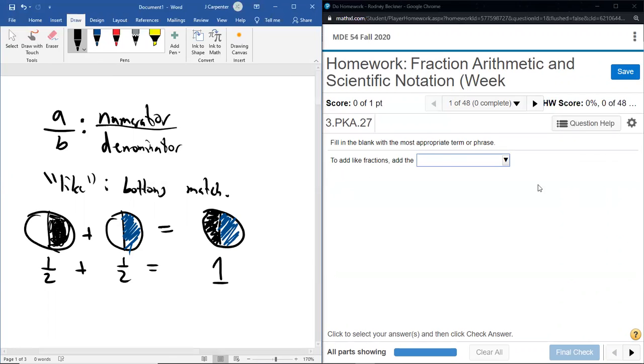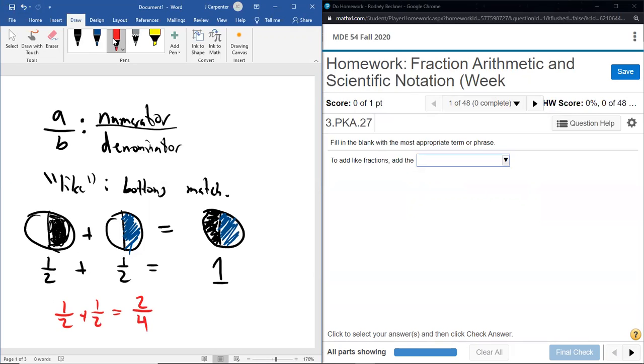So to add like fractions, without even knowing how to do this, we can figure it out backwards. We can reverse engineer it, if you will. Do we add the tops, the bottoms, or both in order to get this result? Well, let's see if we added everything. If I had a half plus a half, if I add the tops, you do 1 plus 1, which is 2, and if you add the bottoms, 2 plus 2, which is 4.